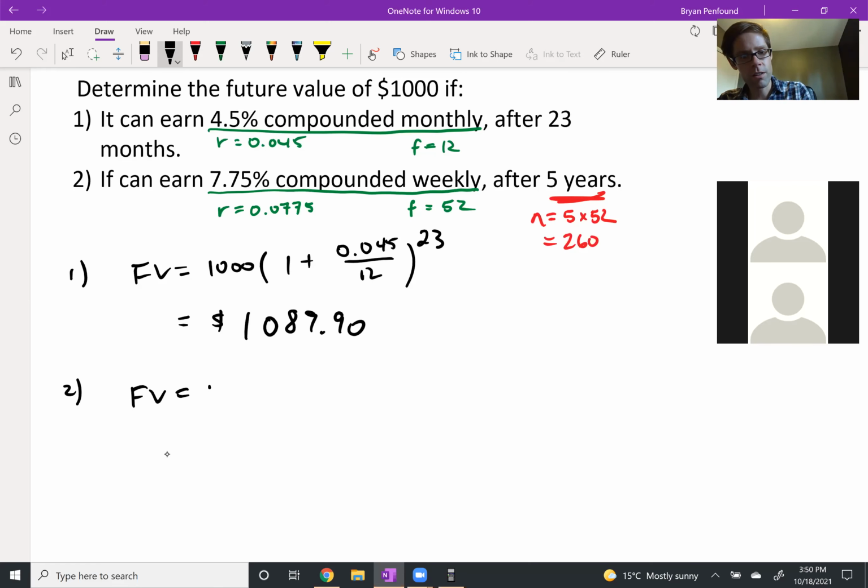So our future value is going to be our $1,000 times 1 plus 0.075 weekly, to the 260. That's wild. That's a lot of times to earn interest. Oh, I put it in wrong.